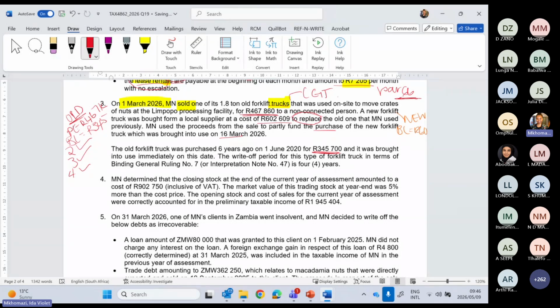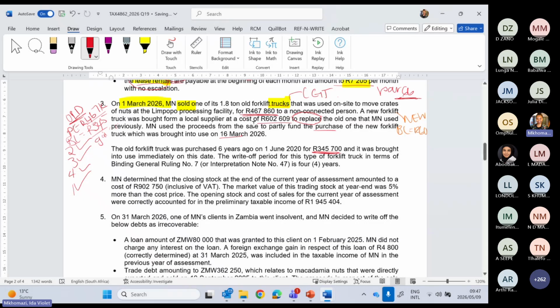If we look at the old asset, we know that the proceeds are 467 and the base cost is 345. So it's clear that in this instance, we do have a capital gain, and therefore we also meet requirement number 1. So we meet all the requirements in paragraph 66. Therefore, it means that Mabasanas can elect to apply this paragraph, because we told you in the required that they would make any election available to minimize their tax liability.